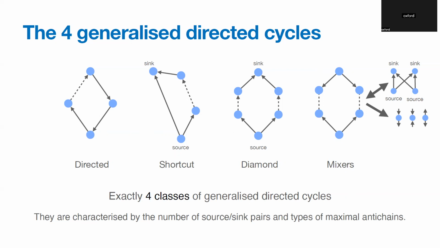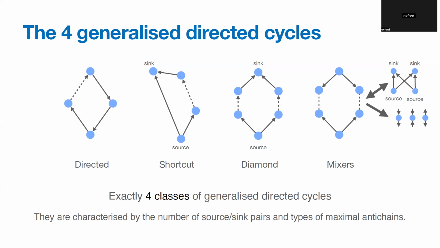And then we have what we initially called diamonds. The reason why we did that is obscure now. But the essential idea is that it's like a shortcut cycle, but with no direct connection between source and sink. And then you have the mixers. And the reason we call them mixers is also fairly obvious.